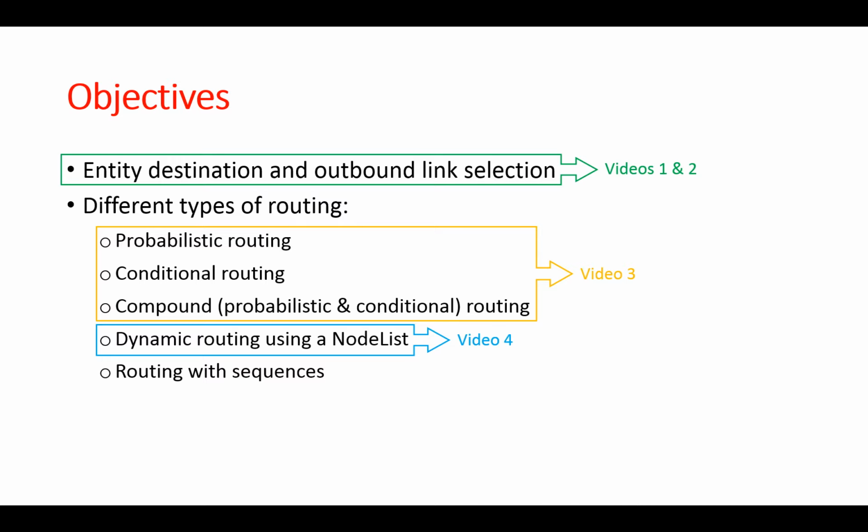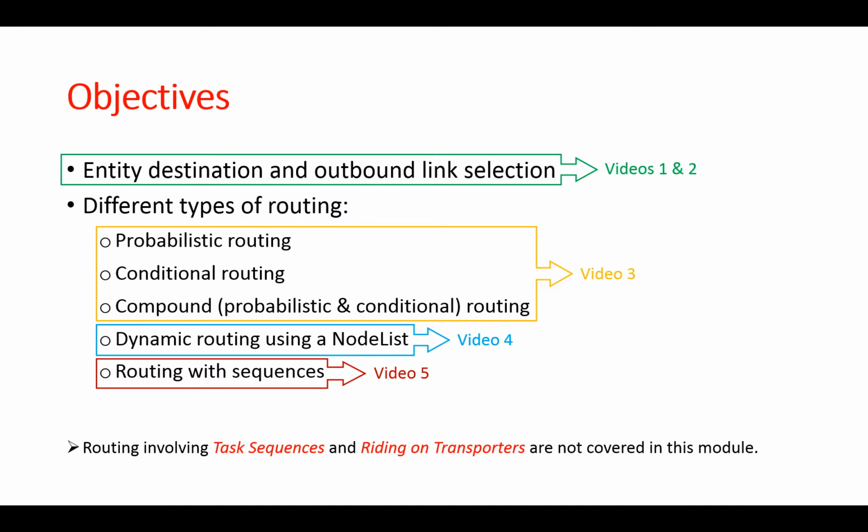The fourth video involves dynamic routing using node lists, and finally, sequence tables are discussed in video 5. Also note that there are two related topics: routing using task sequences and riding on transporters, that are not covered in this module and will be deferred to future modules.